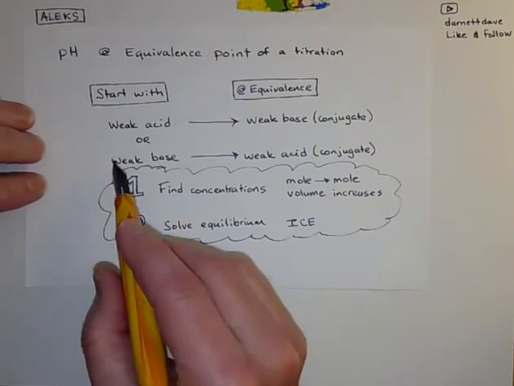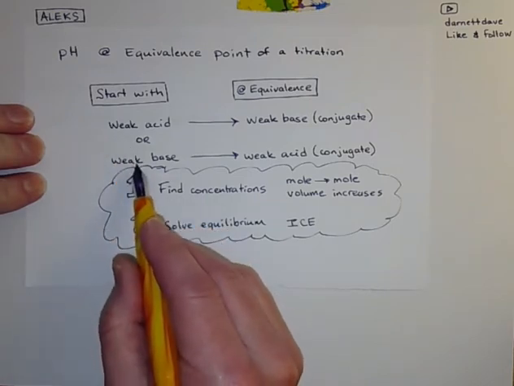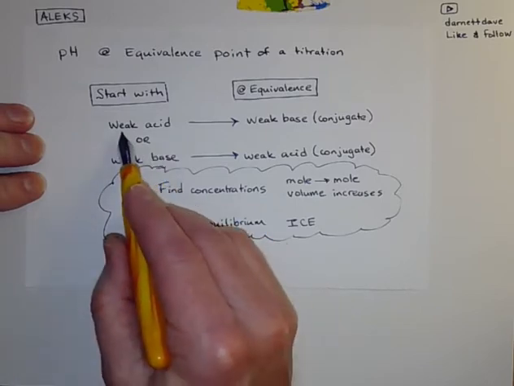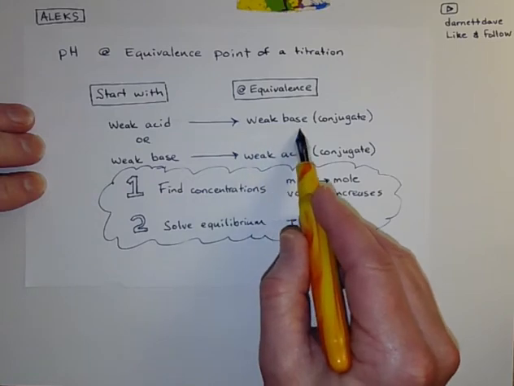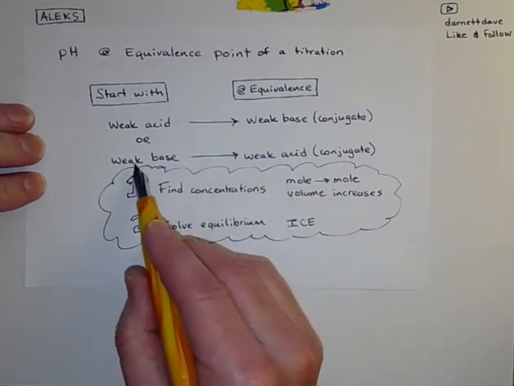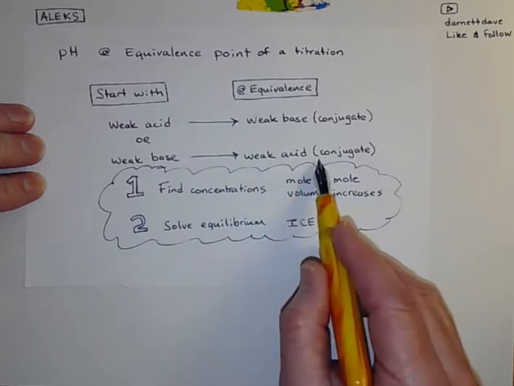is to realize that whether you're starting with a weak acid or starting with a weak base, when you titrate it, you convert all of your weak acid into the conjugate weak base, or you convert all of your weak base into the conjugate weak acid.